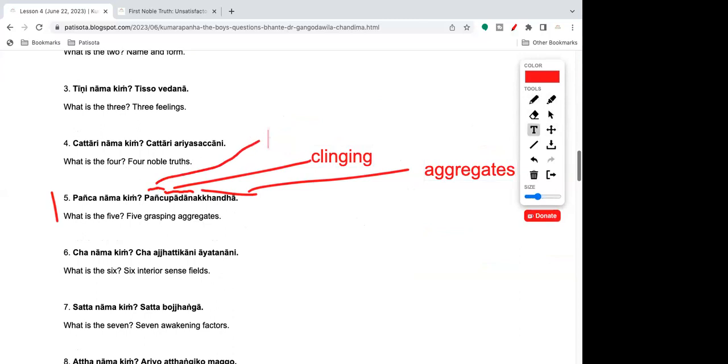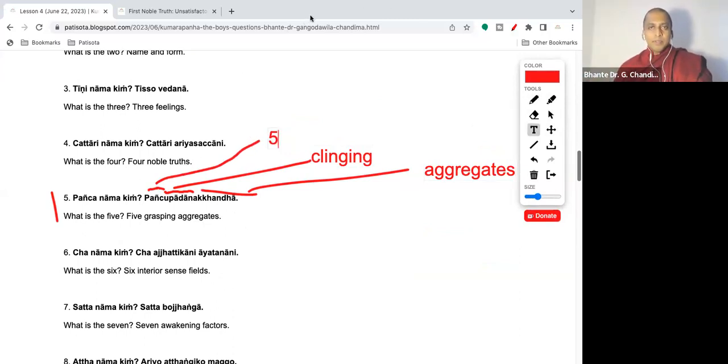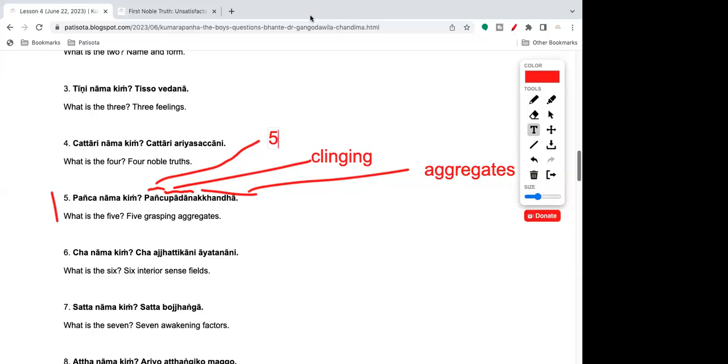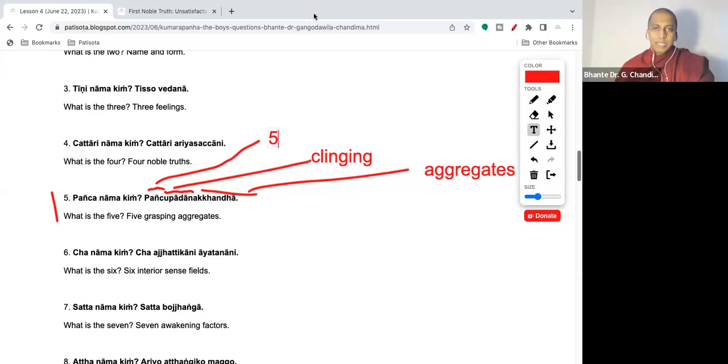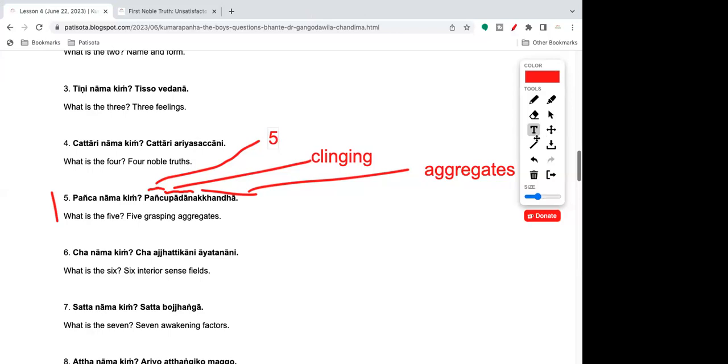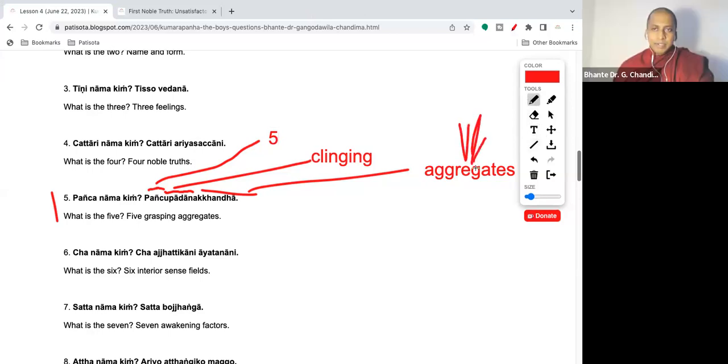I already mentioned them: Rupa, Vedana, Sanya, Sankara, Vijnana. Now, you are going to cling, and your clinging is directed at these five.